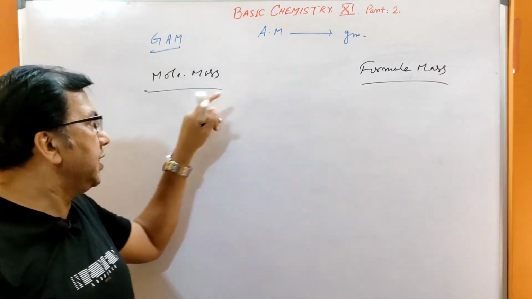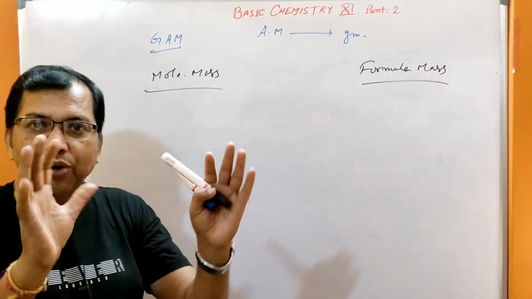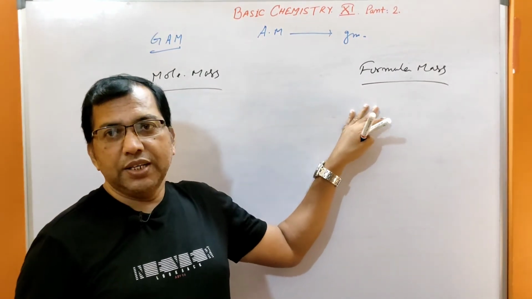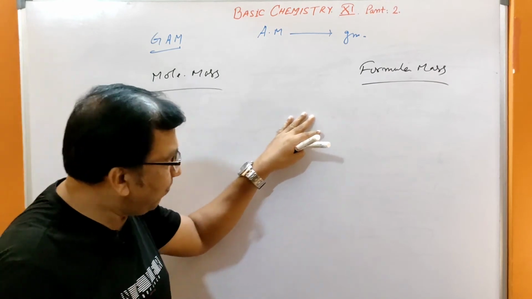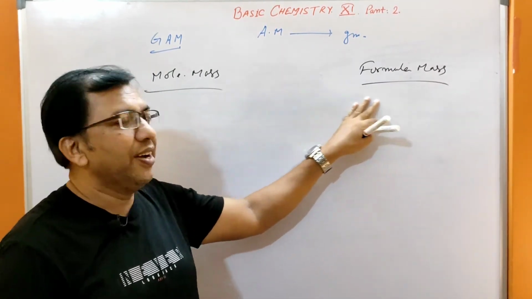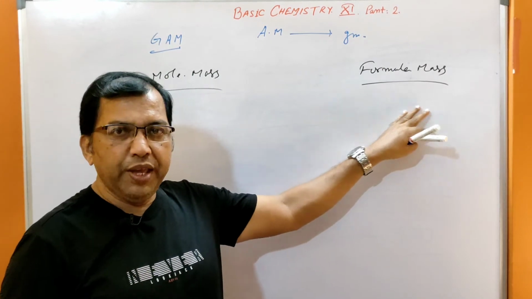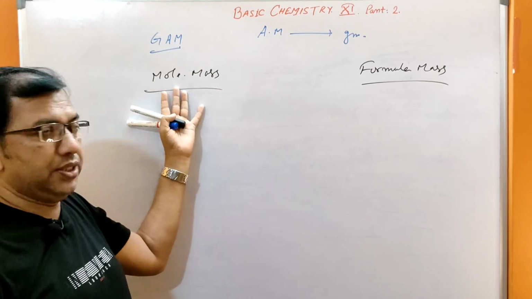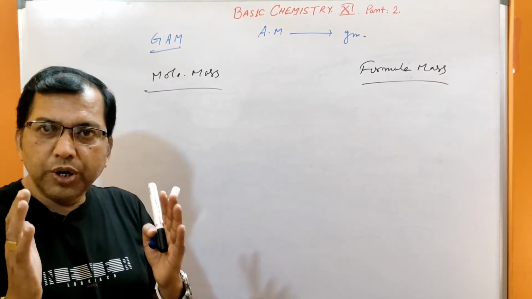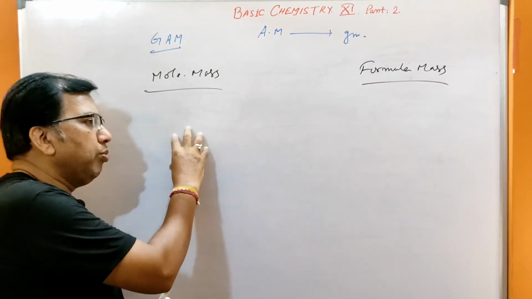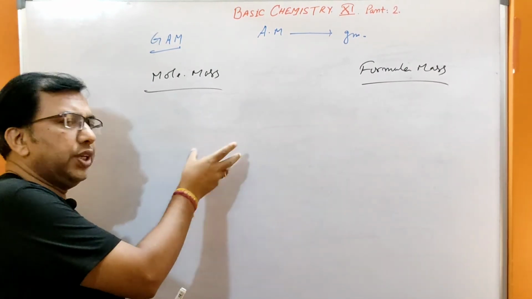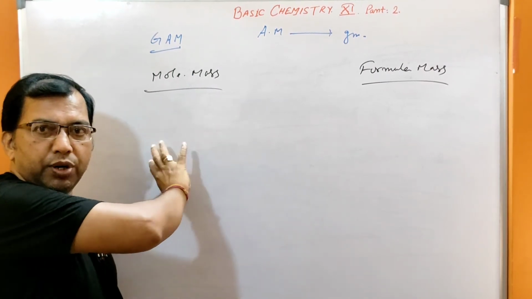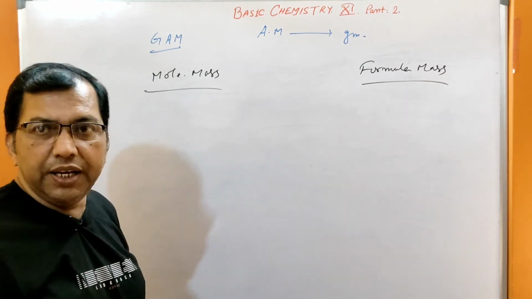Very easy. Molecular mass is the sum of the masses of all the atoms present in the molecule of a compound. And formula mass is the sum of the masses of the ions present in the compound. Clear? Molecular mass gives the molecular formula of a compound, like H2SO4 or C6H12O6. The formula mass does not give the molecular formula; it gives the empirical formula.